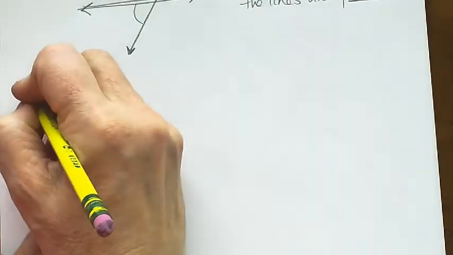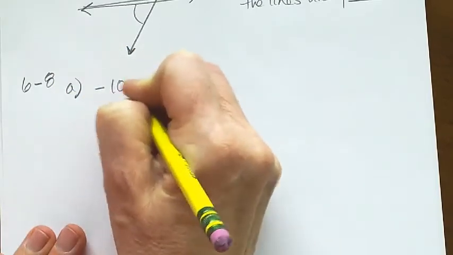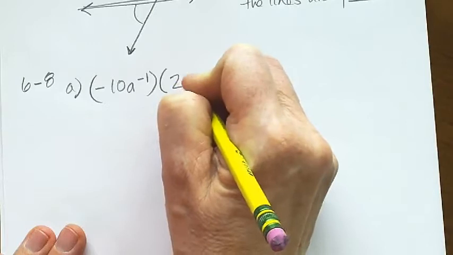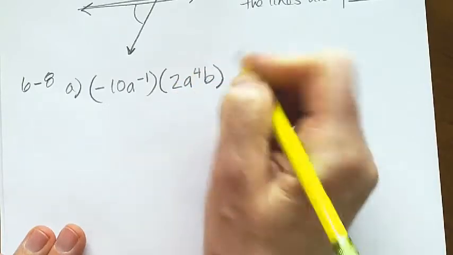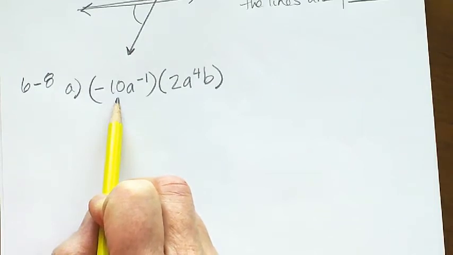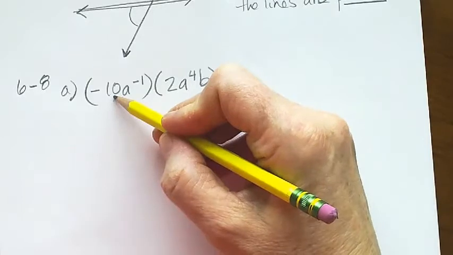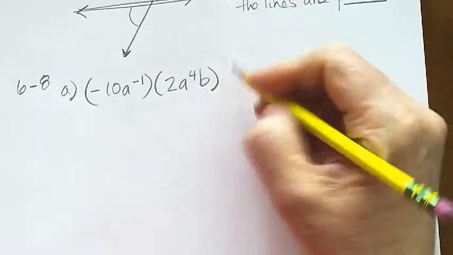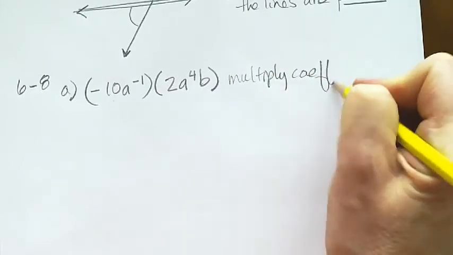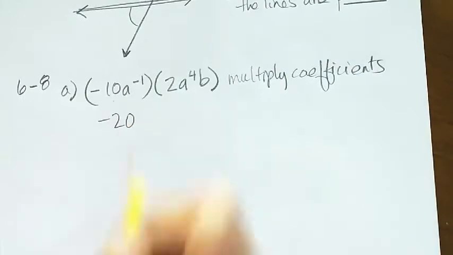Okay, part A. Okay, we are going to multiply the coefficients. So I'm going to do -10 times +2, which would give me -20.